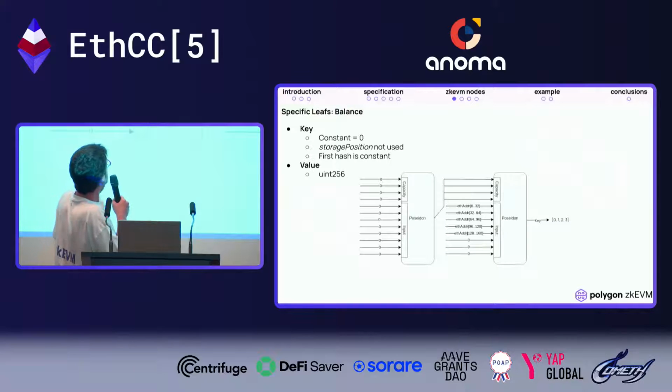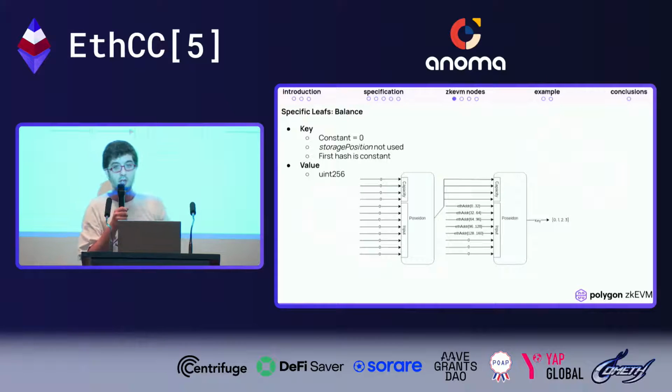And the output of the Poseidon is concatenated with the Ethereum address, and here it's important, the constant is 0. So for the balance leaf, the constant is 0. Here it's important to mention that everything in the first Poseidon is constant. So it means that we don't need to compute the first Poseidon hash because it's a constant.